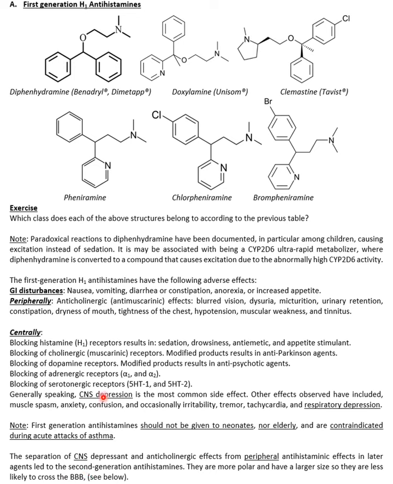Or in other words, they are less likely to cross the blood-brain barrier and reach the brain. And this is the second generation antihistamine that we'll talk about. We do this by making these second generation molecules more polar and larger, such that it's more difficult for them to cross the blood-brain barrier.